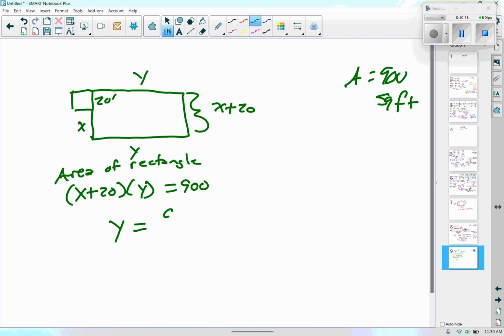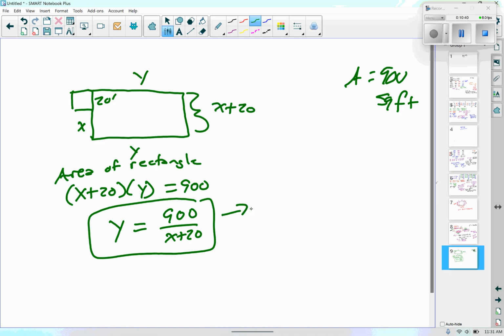I bet you we could do this. What did I just do to both sides? What did I do to get that 900 over x plus 20 from the area? Yeah, I just divided by x plus 20, right? All right, I think if I do this and I graph this, I'm going to look for where it crosses the x-axis.